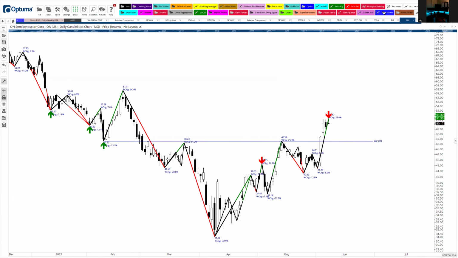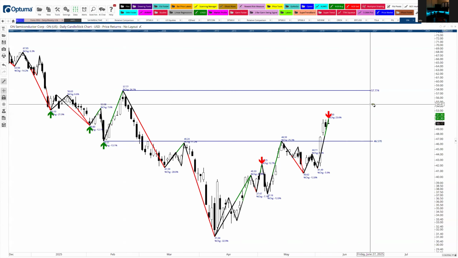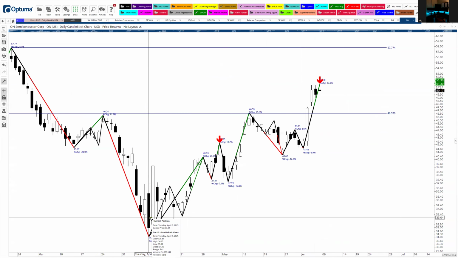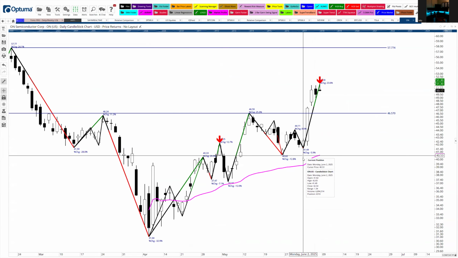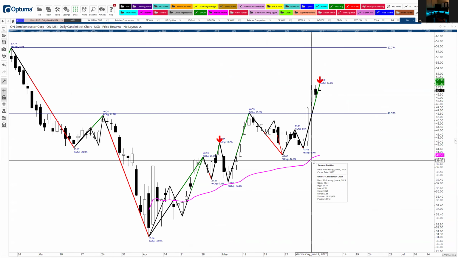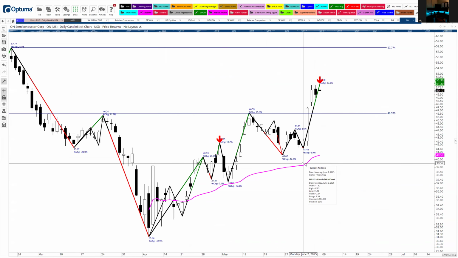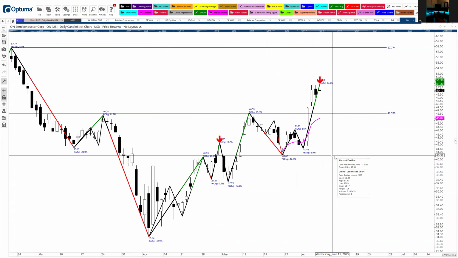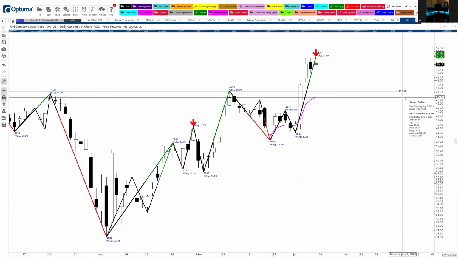How much of the stock moves? I want to go that percent. That's 45.